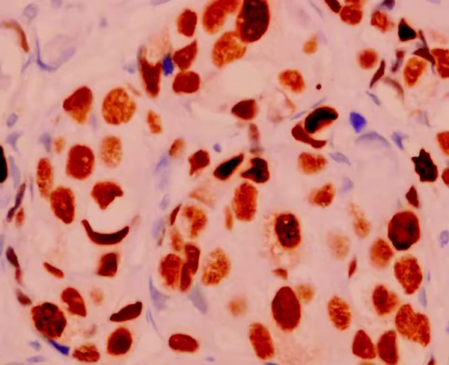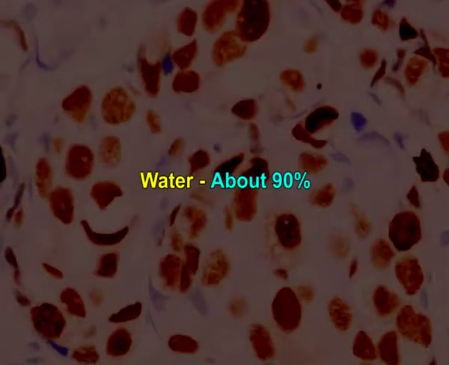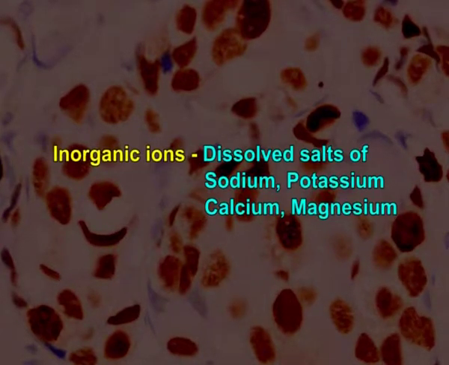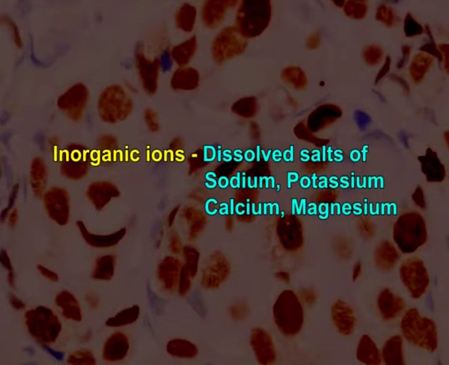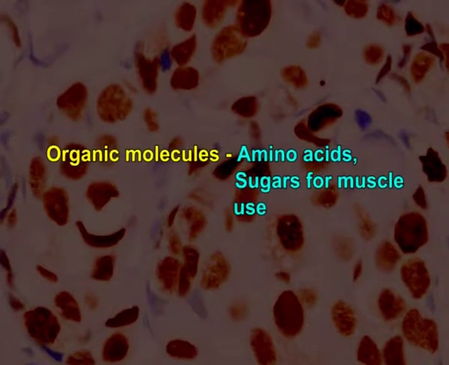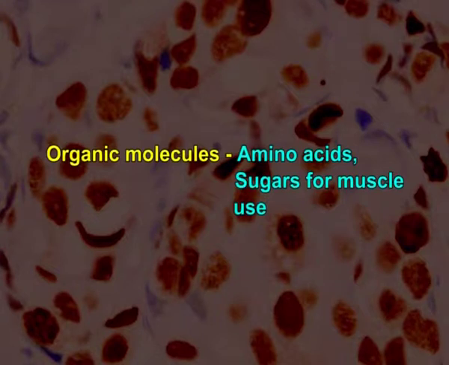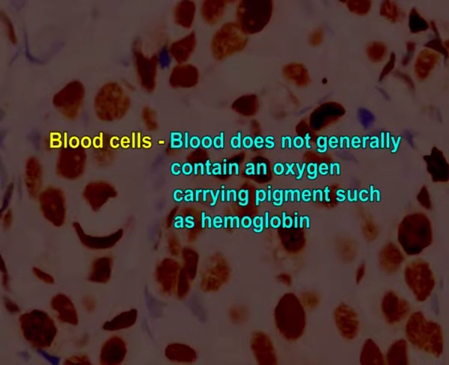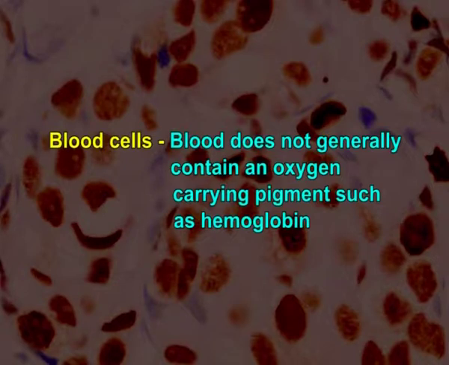The main constituents are water, about 90%, inorganic ions like dissolved salts of sodium, potassium, calcium and magnesium, and organic molecules like amino acids, sugar for muscle use, and blood cells. Blood does not generally contain an oxygen-carrying pigment such as hemoglobin.